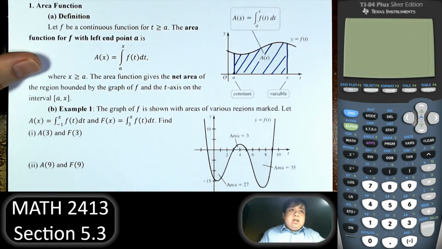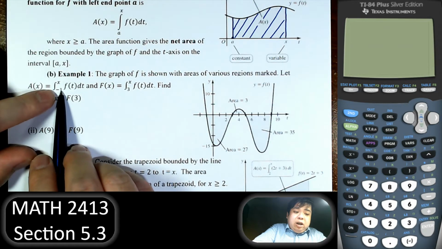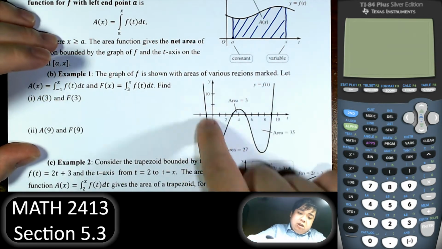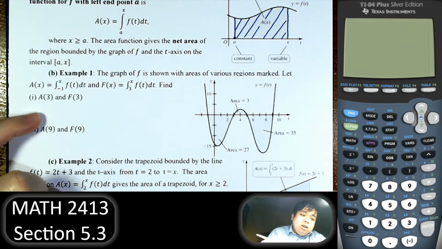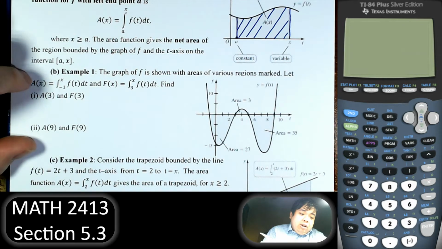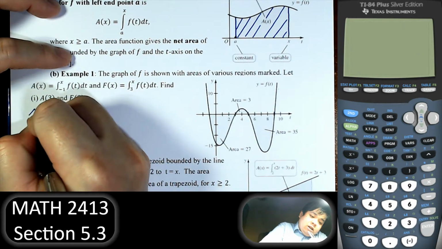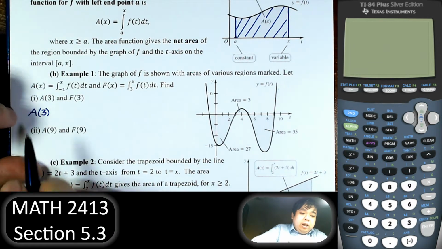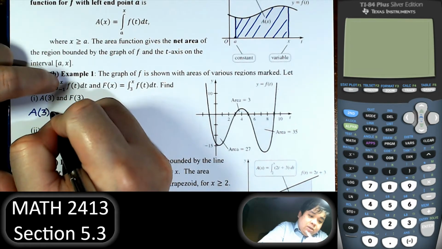So let's look at this example. We define the area function from -1 to x of f of t dt. This is the graph of f of t. Now first, what is the area function of 3? So if we put 3 in this x, we're going to put 3 on the upper limit.